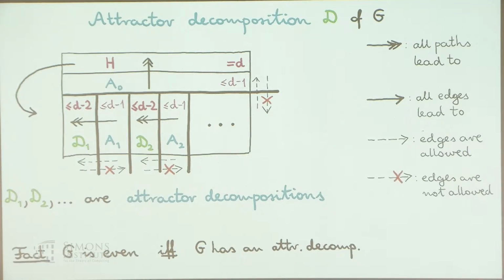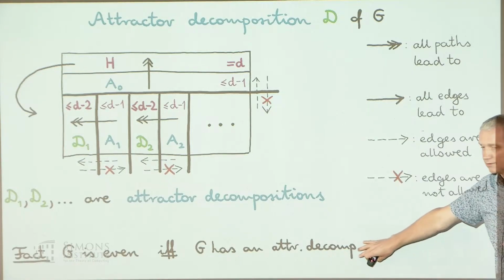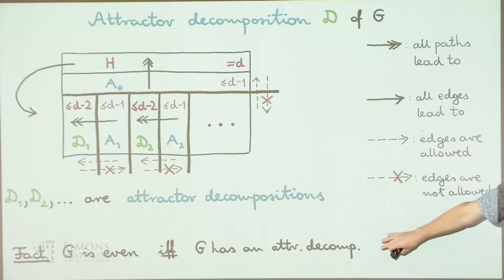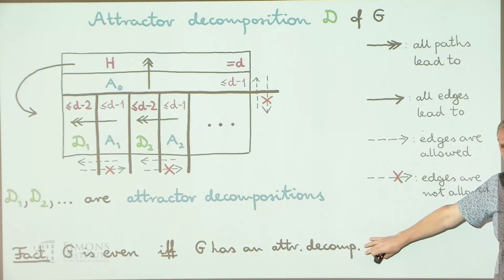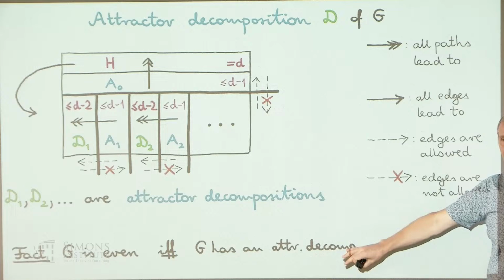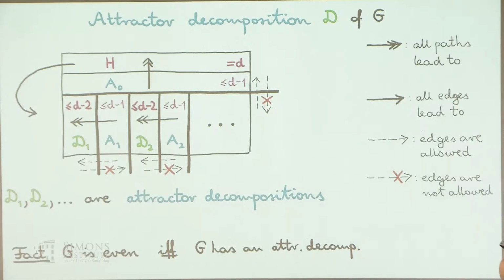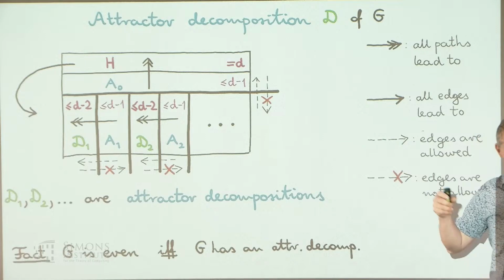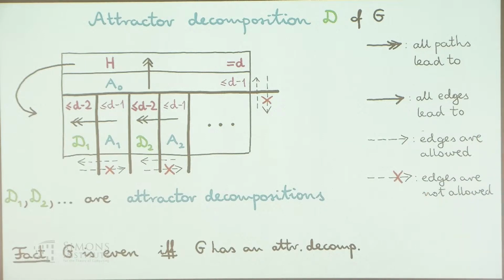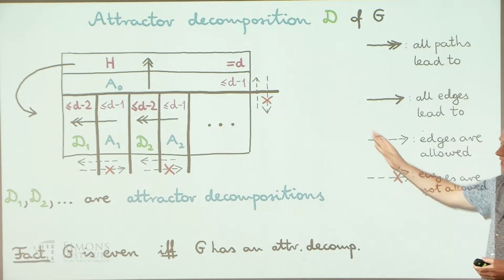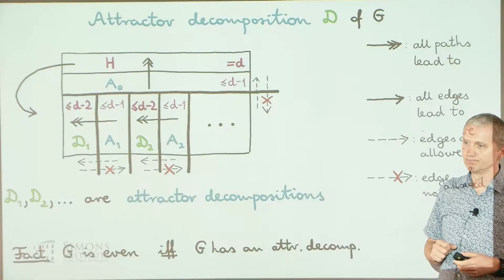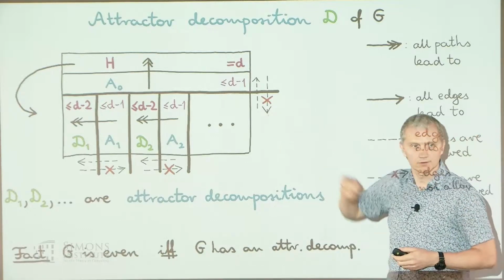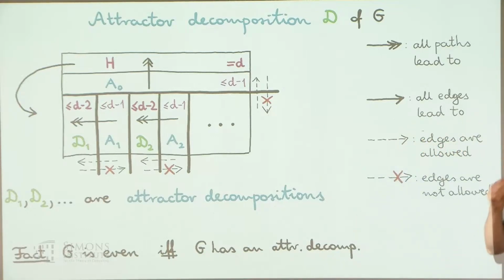So what is an attractor decomposition of a graph? I will later try to convince you that an attractor decomposition of a graph exists if and only if the graph is even, which means that all infinite paths are good. A decomposition is simply a partition of the set of vertices in the shape you see on the screen.